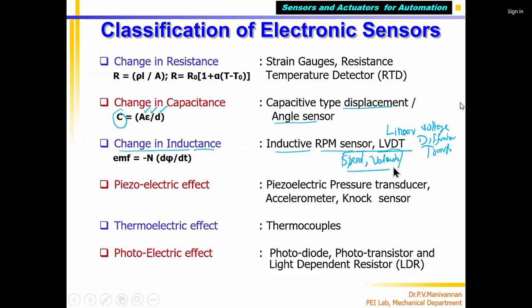We'll see that. The basic formula behind this is, if it is an inductive type sensor, then the voltage is generated in the inductor, which is nothing but a coil made of conducting wire. For example, I have a coil, and inside that I have a permanent magnet, which is called a core. It has north and south pole. This is my coil, and the coil has n number of turns.